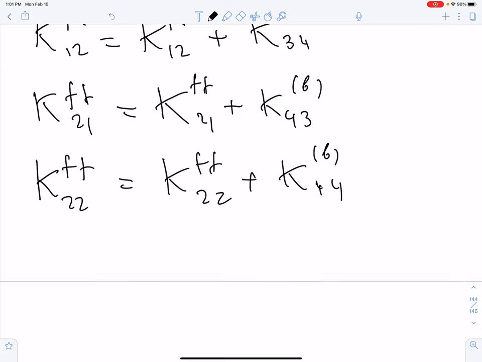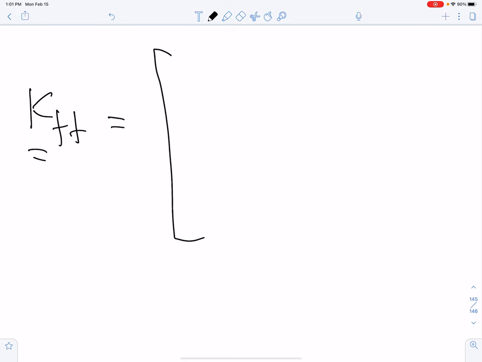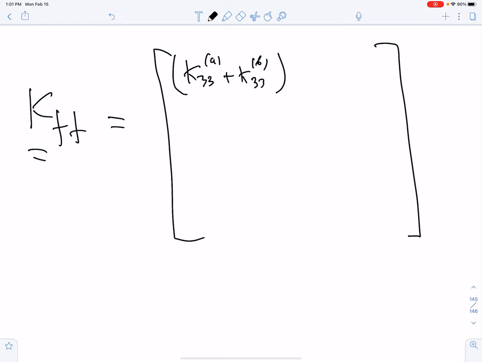And so from that example, we see that your KFF, because there are only 2 elements, is a 2 by 2 matrix. The first entry is K33A plus K33B. The 1, 2 entry becomes K34A plus K34B.